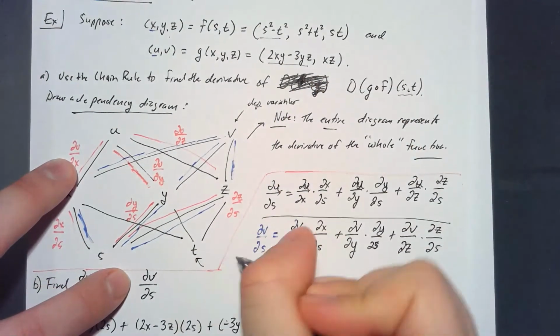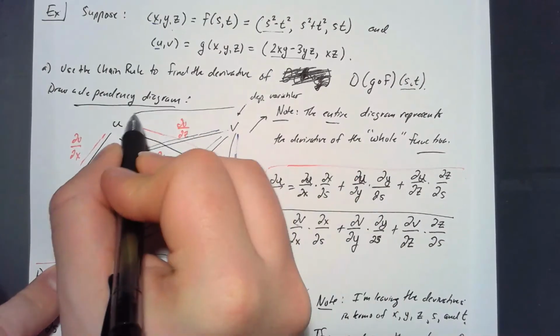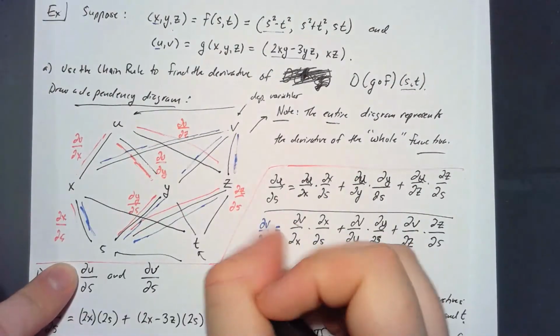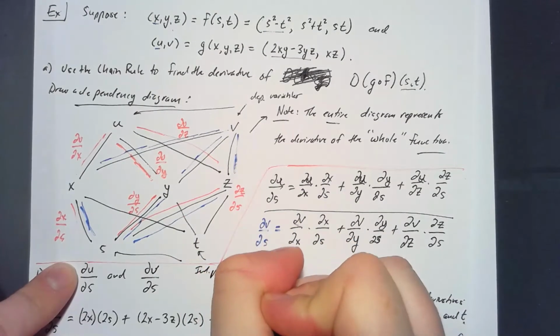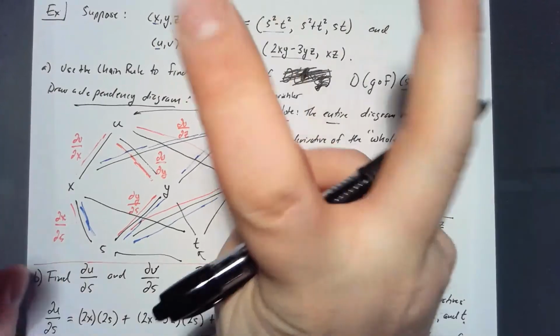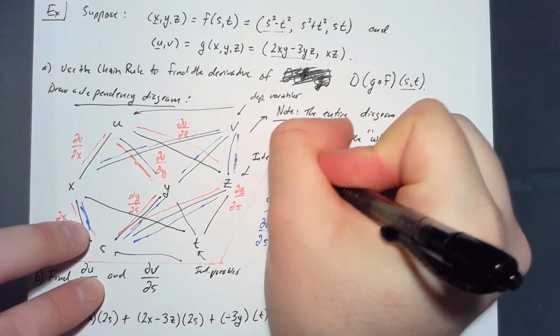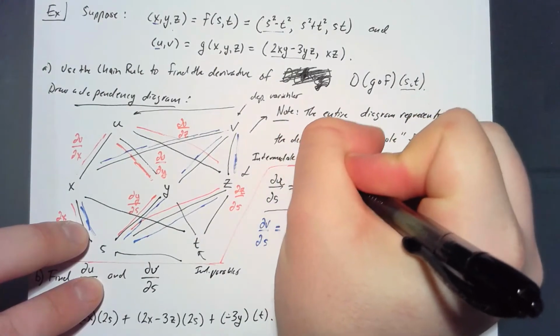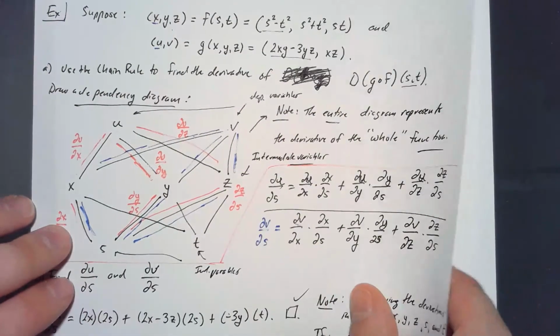These are your independent variables, like s and t. And the variables in between are called your intermediate variables. I know I'm squeezing that in there, but that's the gist of it.